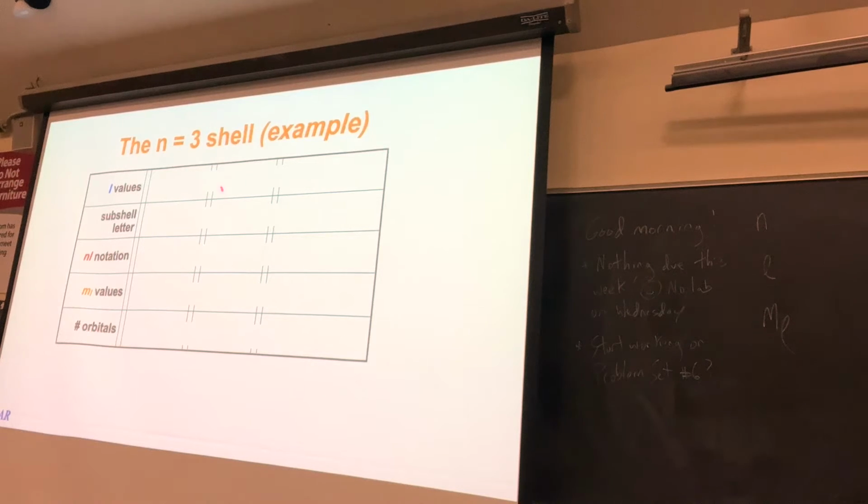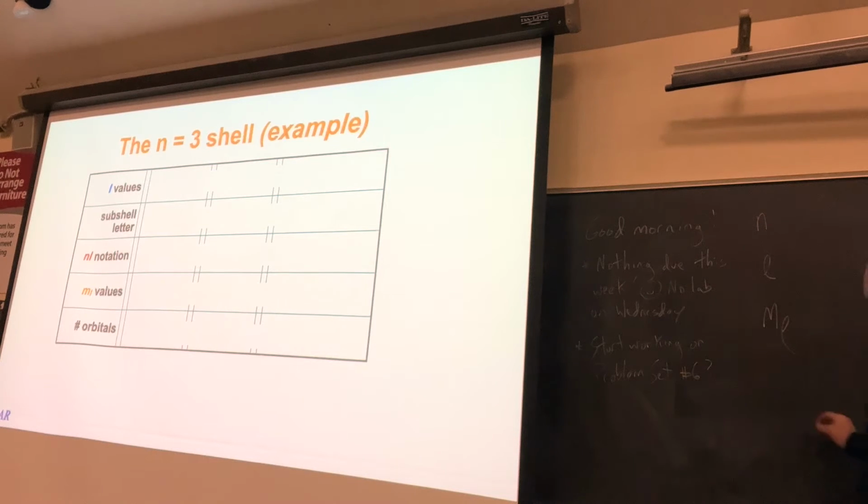The first thing we're going to find out is how many houses there are, how many l values. Then we'll further break down how many rooms there are in each house. Along the way, you can begin to see more about how these quantum numbers work together and what they do.